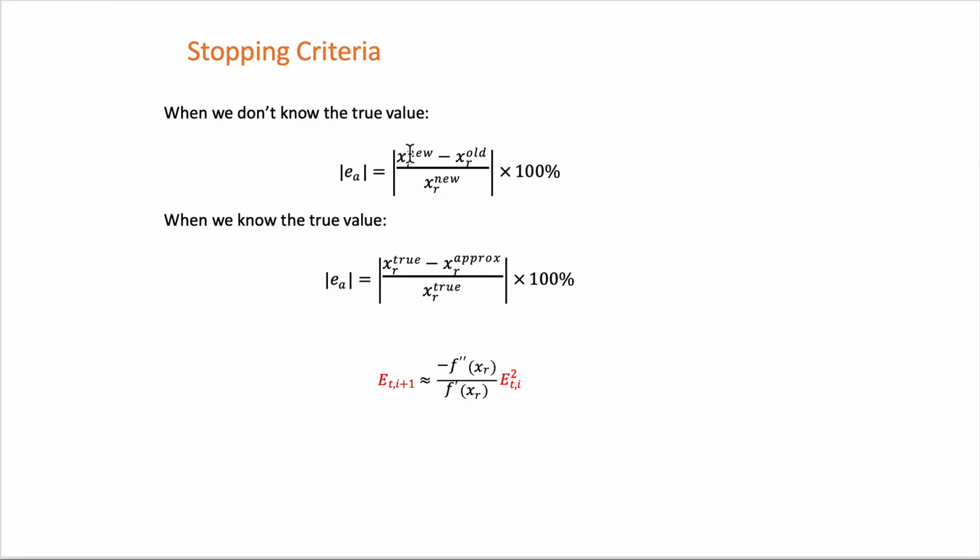So oftentimes we approximate this relative error by subtracting the old estimate from our new estimate, assuming that the new estimate is better than the old one, and when this is converging, the next error will be roughly proportional to the square of the previous error, right? Which for small errors keeps getting better and better. So for example, if our previous error was 0.1, the next one will be 0.1 squared, which is 0.01.